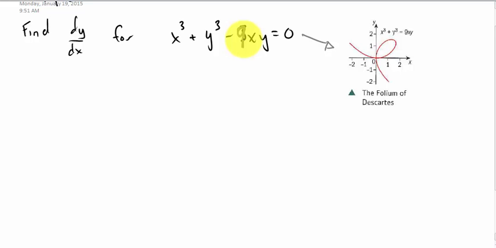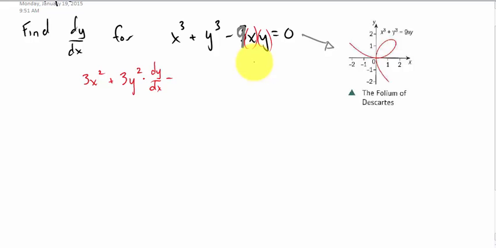Alright, so we're back. Let's give this a go. We're going to start differentiating. So 3x squared, nothing funny there, plus 3y squared times dy/dx, implicit differentiation, minus, oh, now here is someplace I hope you were careful, this is really product rule time.